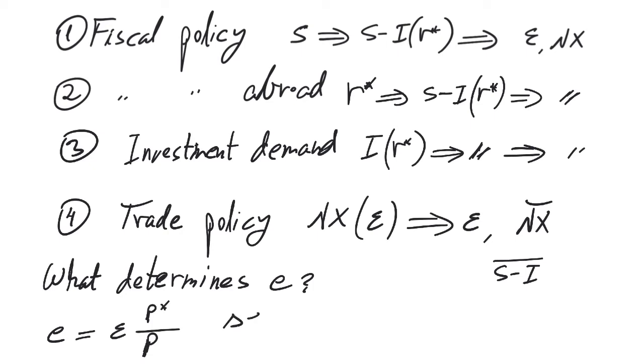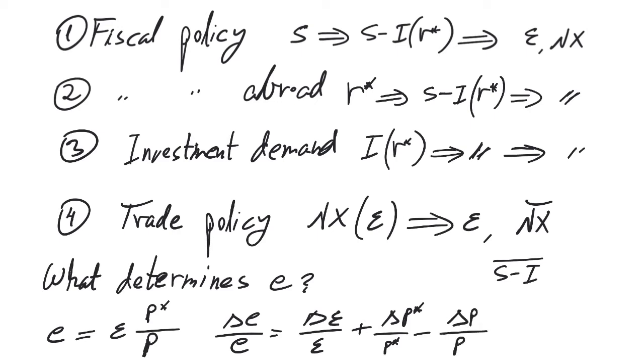And so the changes in the nominal interest rate, the percent change, is going to be the change in the real interest rate, percent change, plus the percent change in the price abroad, minus actually the percent change in the price at home.